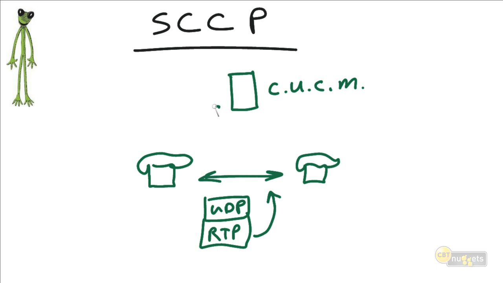How does the Cisco Unified Communications Manager talk to these IP phones from a management perspective? Well, that is the skinny client control protocol. That's right, the SCCP. This is a Cisco invention that is used for the messaging that's going to be required between IP phones and the Cisco Unified Communications Manager.